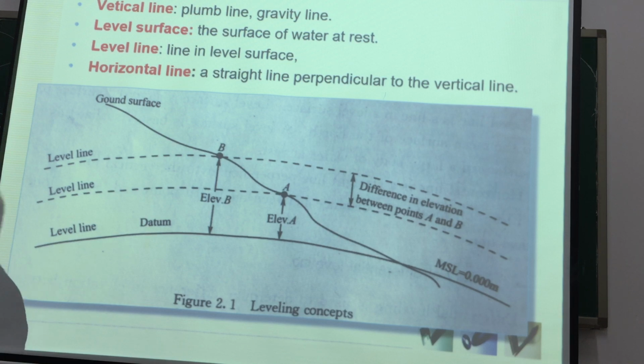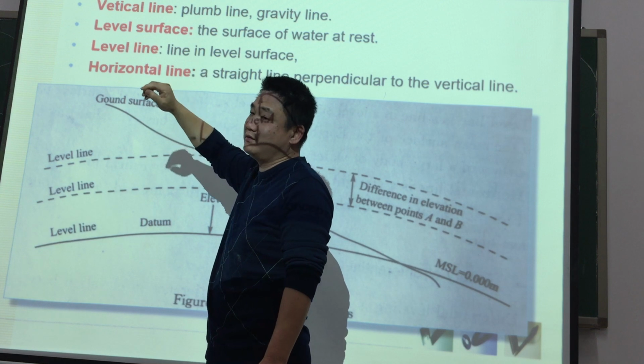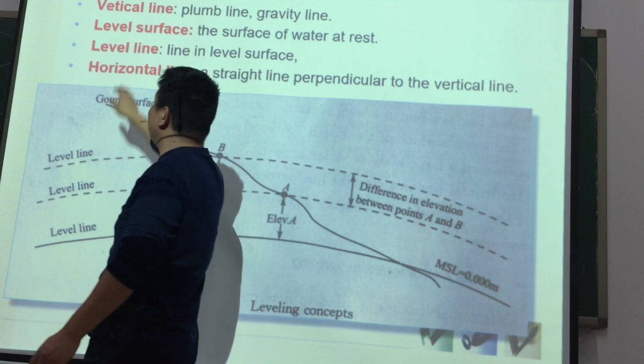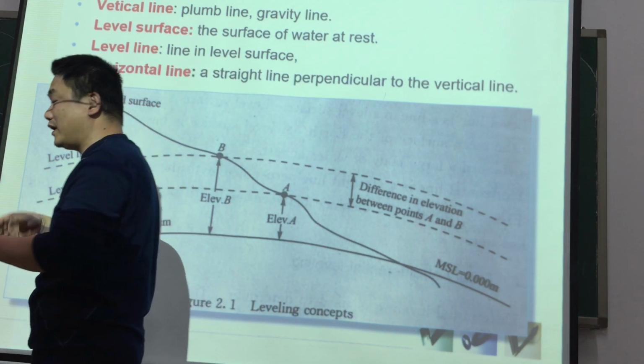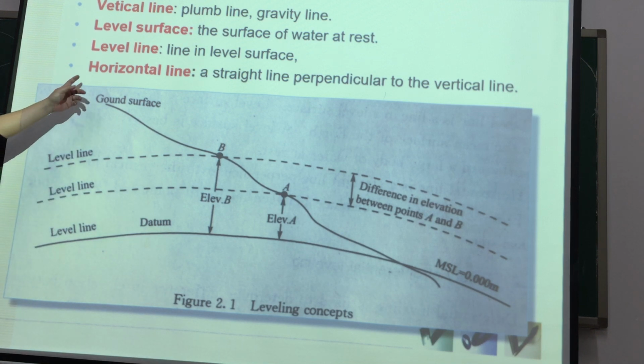Why did we mention the level surface here? That means any level surface we can use as the reference surface for the operation of instruments. Any. The third is the level line.